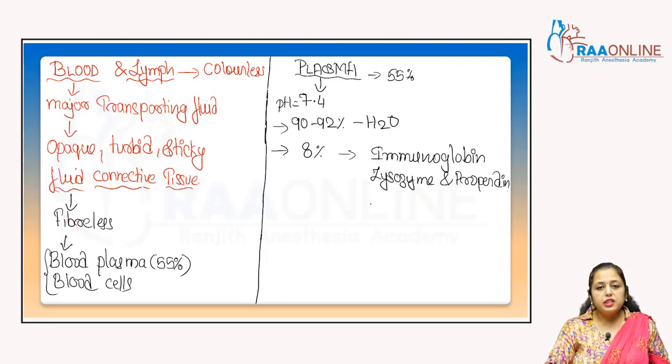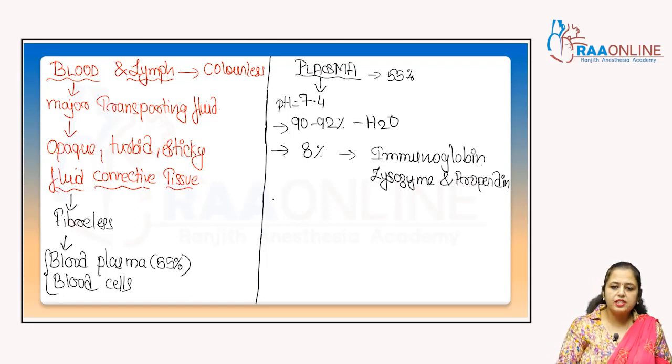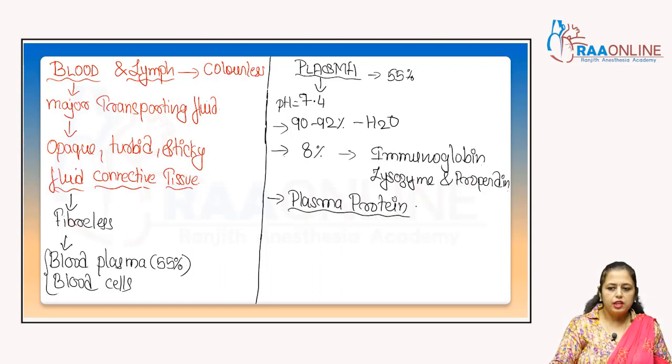Minerals, vitamins, enzymes, including the proteins. There are three major classes of proteins present in the plasma, known as the plasma proteins, and they have a very important role.